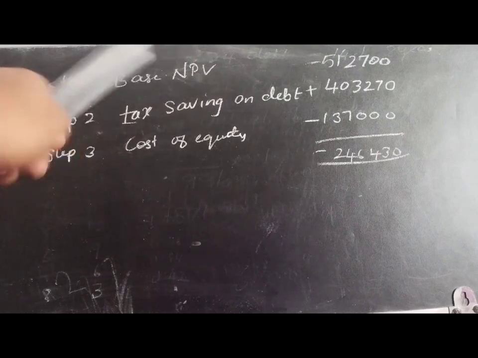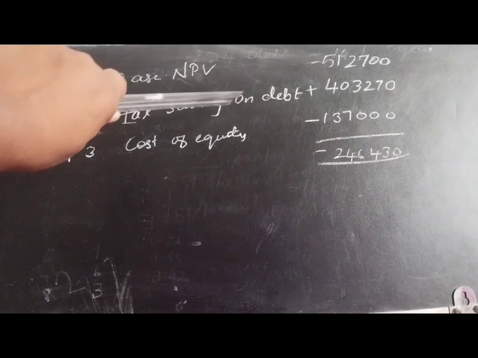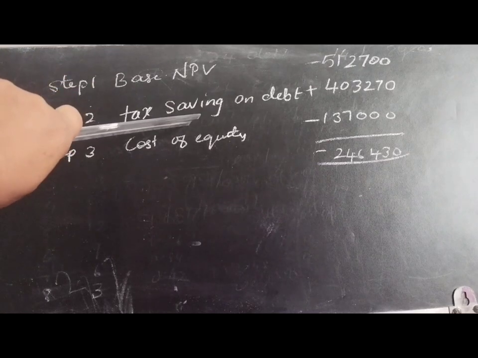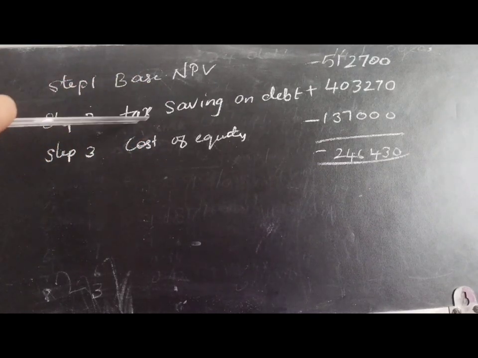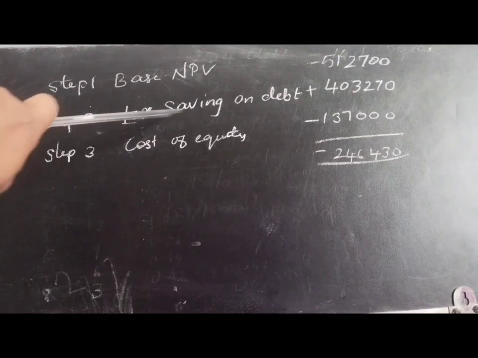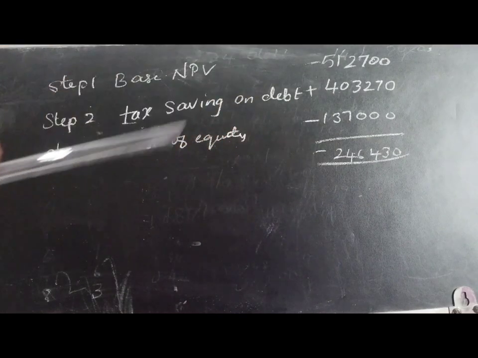Okay, if we are receiving any interest, then we will pay tax and it is a cash outflow. Here we are paying the interest on debt, so it is a tax saving, it is a cash inflow. If it is a cash inflow, we will add this tax saving amount.